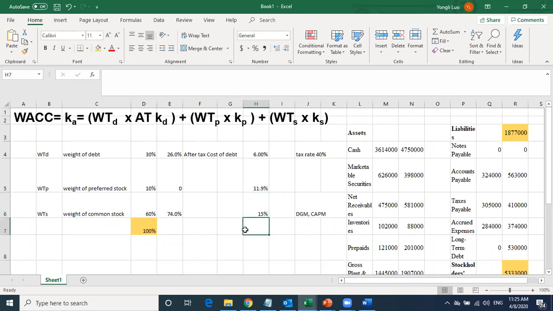We talked about that before: cost of debt 6%, preferred stock 12%, common stock 15%. That's normal and makes sense. If the cost of common stock is lower than the debt, that's not normal.